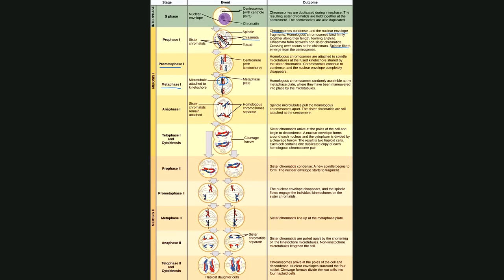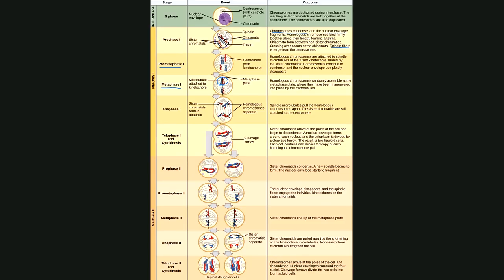Now in anaphase 1, the spindle is again going to begin separating, but in mitosis the spindle separated the sister chromatids, right? It's essentially one arm of the chromosome went one direction, one arm went the other. In meiosis, in this first division, all we're separating are the pairs.